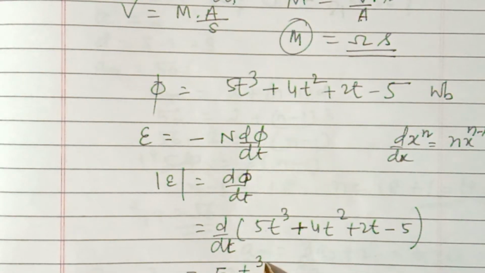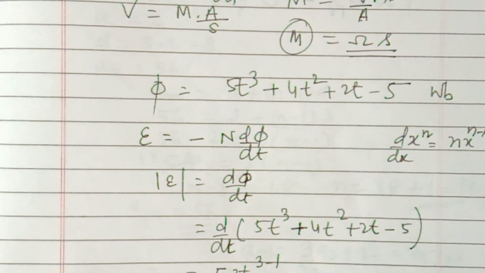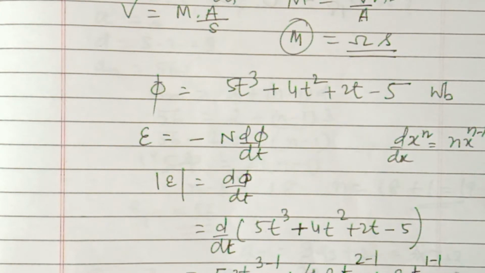Then t to the power 3 minus 1, here 3 will be written, and then 4 into 2 t to the power 2 minus 1, plus 2 t to the power 1 minus 1, and this 5 is separately written as a constant term, so it is 0.